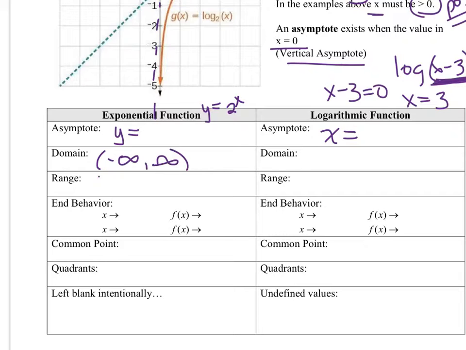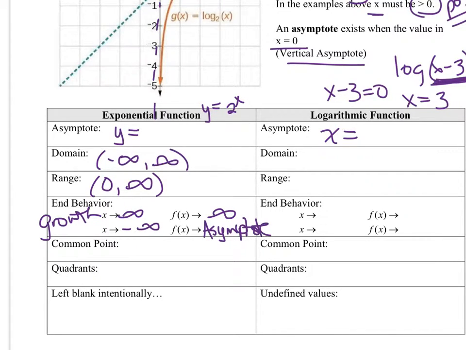So it goes from 0 with a parenthesis to infinity. The end behavior, as x goes to infinity, the function, or y, f of x, goes to infinity. If we're talking growth, remember we're doing growth here. And the end behavior as x goes to negative infinity, it approaches the asymptote.